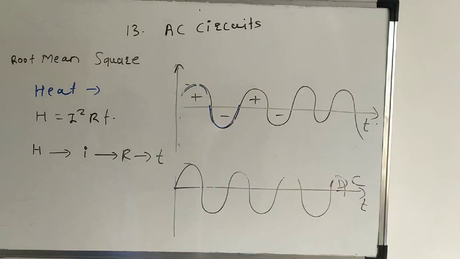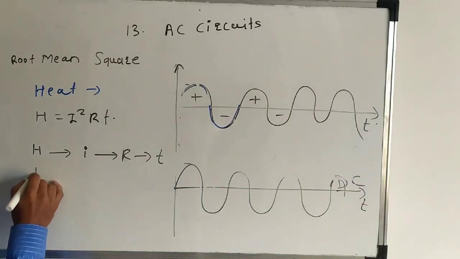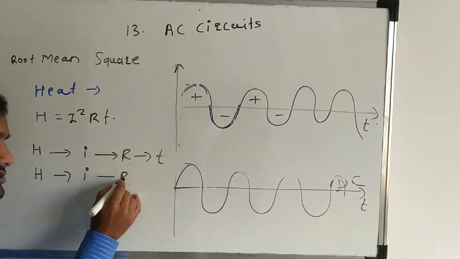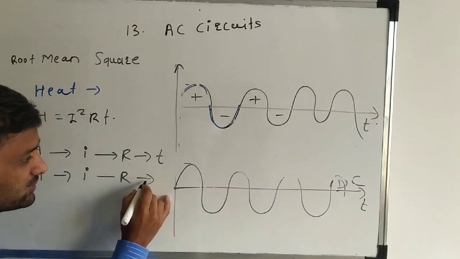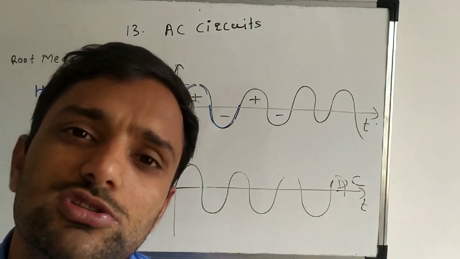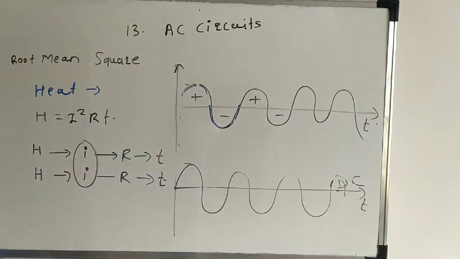After some time, if the same heat is produced by passing a current, again of magnitude I, through the resistor R for the same time t, then the constant value of current which is passing, which produces the same value of heat, this constant or steady value of the current is called the IRMS value of current, or the second name is virtual value of current, or it is called the effective value of alternating current. Understood what is the root mean square value of current?